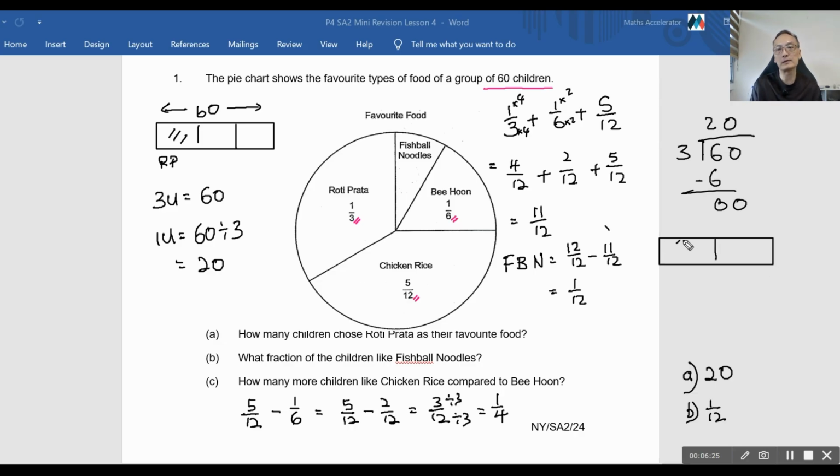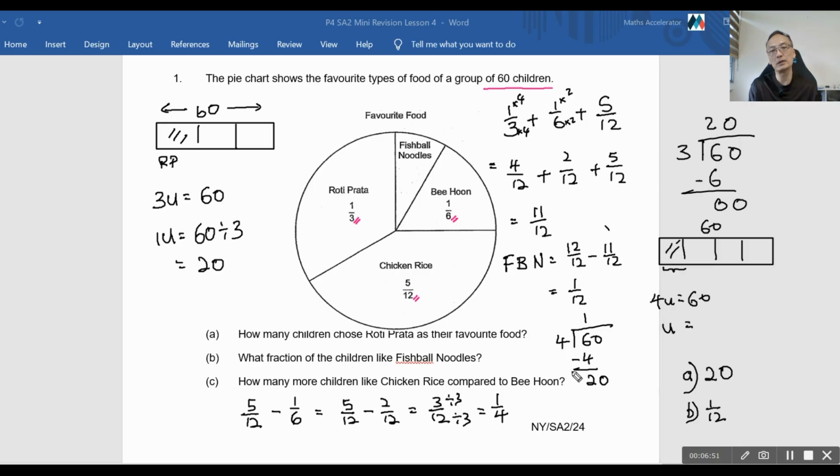You have 4 units that represent 60, and this is 1/4. So we need to find out the value. So 4 units is equals to 60. We need to find the value of 1 unit. So we carry out our division over here. So 1 times 4 is 4. 6 minus 4 is 2.